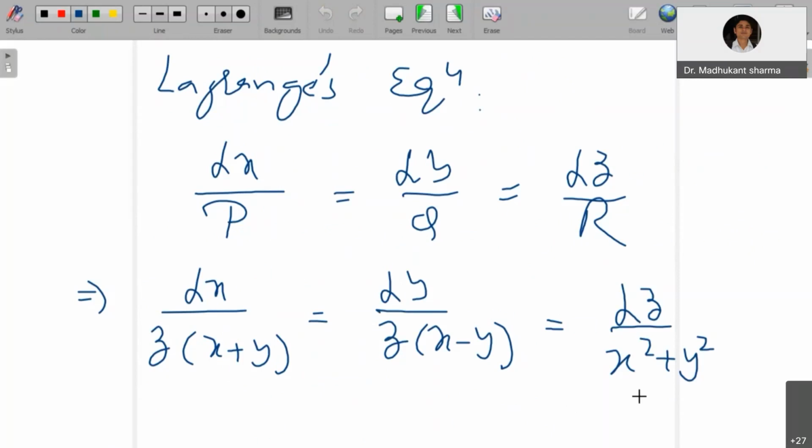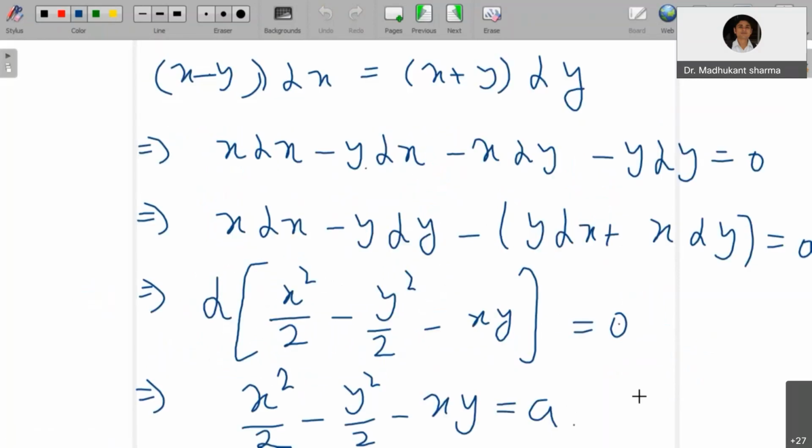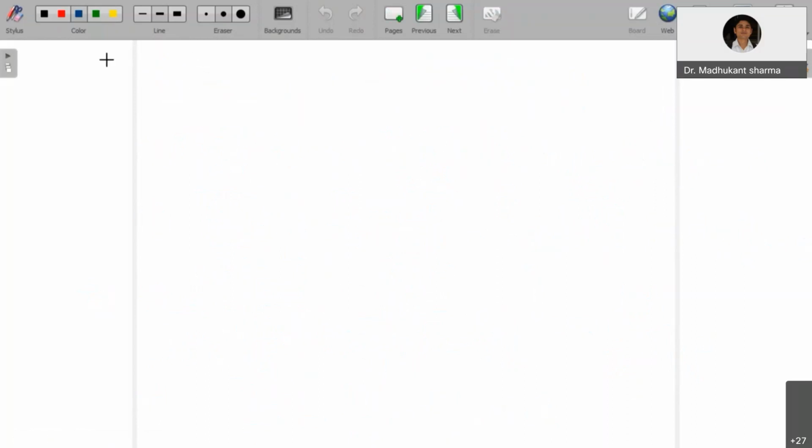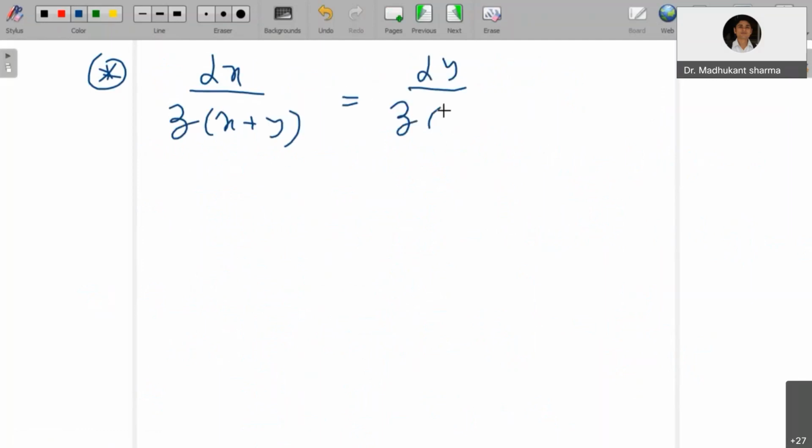Let me write it further. The equation is dx by z into (x plus y) equals dy divided by z into (x minus y) equals dz by (x square plus y square).